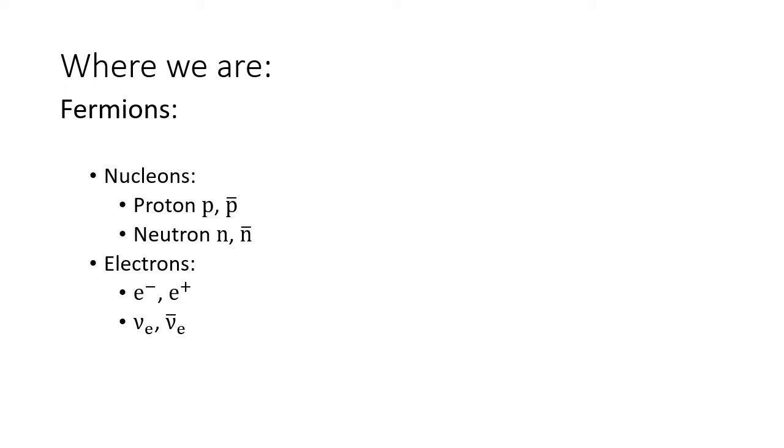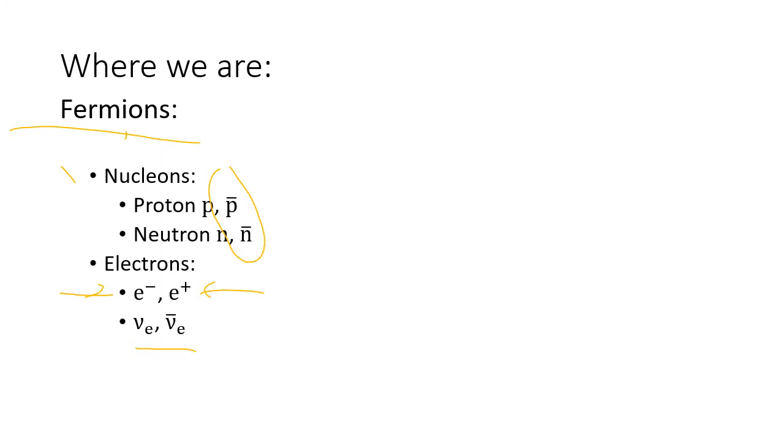So we have two groupings. We have the fermions. And so far, the fermions consist of our two nucleons, and although we haven't really dealt with them, probably their two antiparticles. And the electrons, of which we have the electron, the positron, and the electron and anti-electron neutrinos.